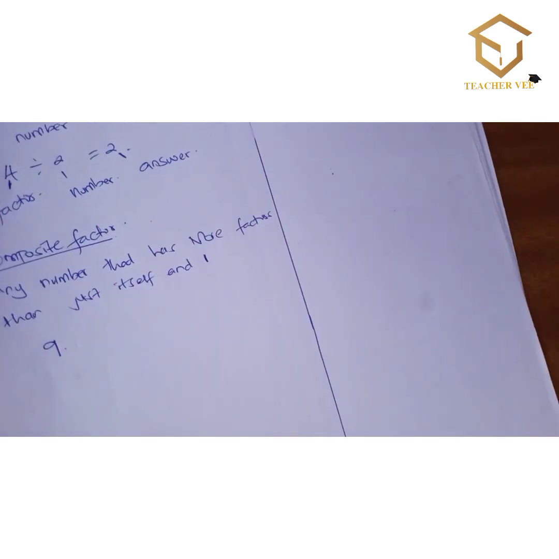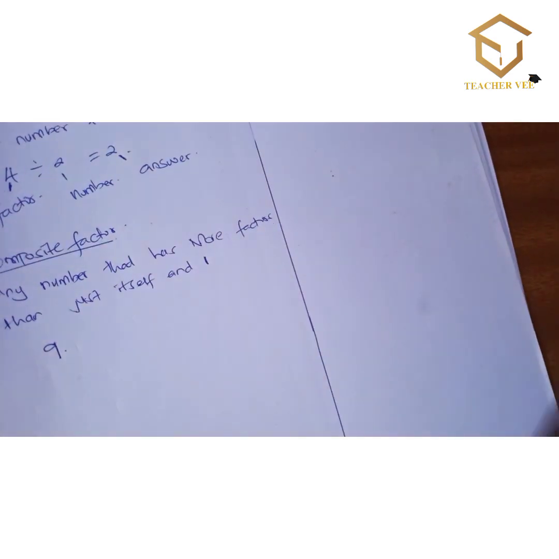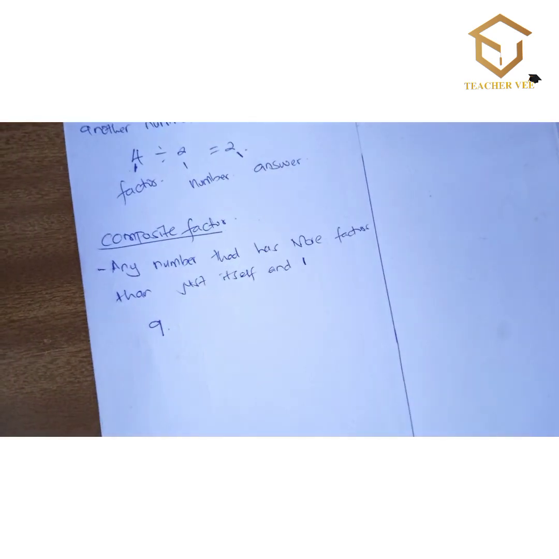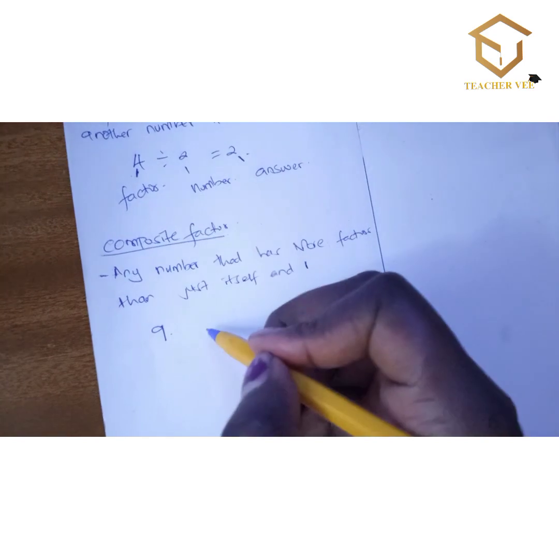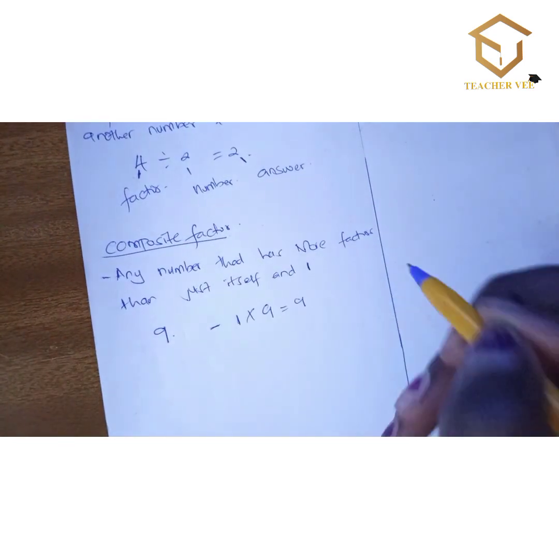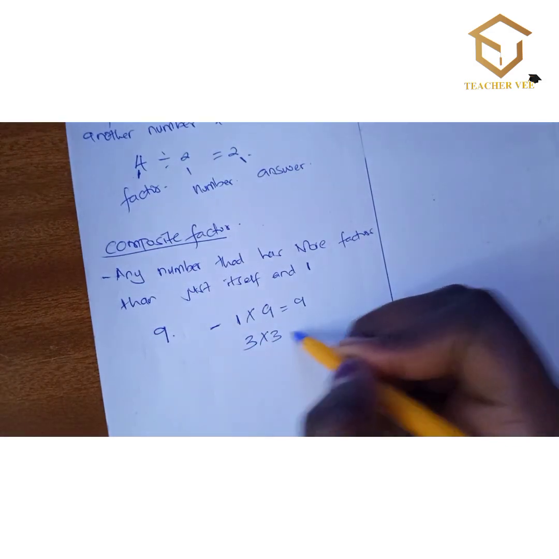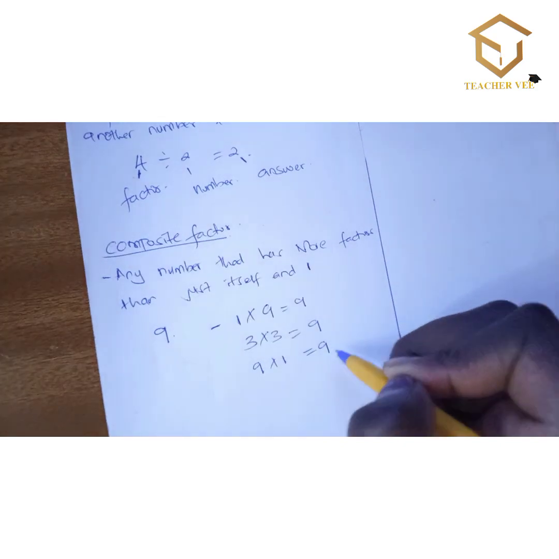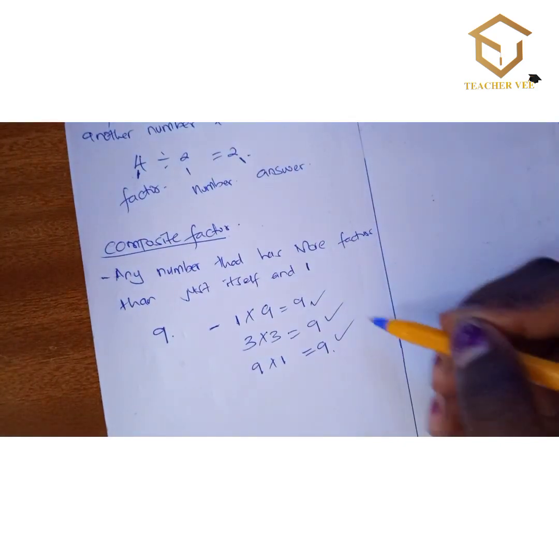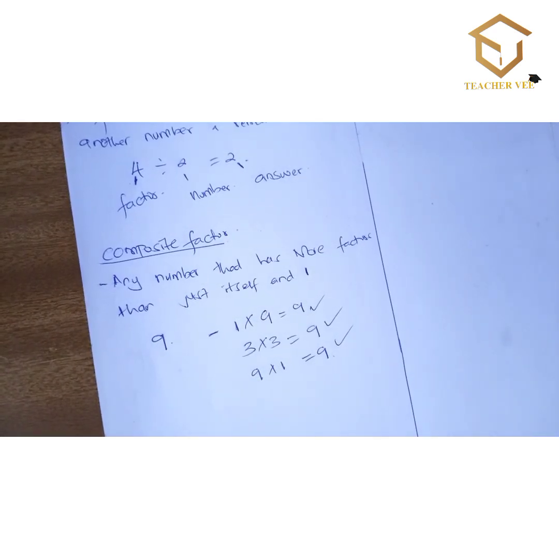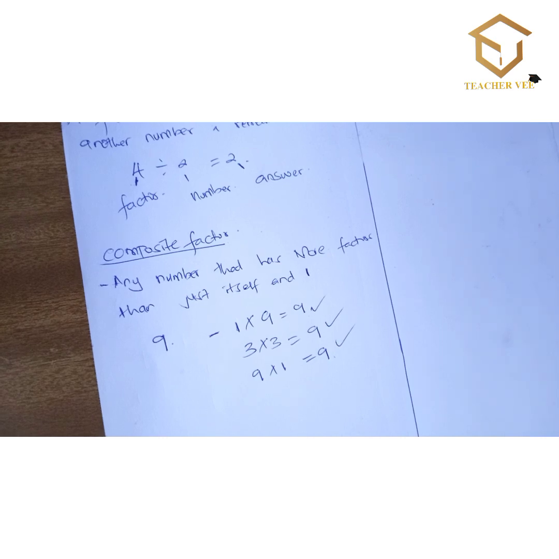It's a natural number and an odd number, but it is a composite number. When you multiply 1 by 9, you get 9. When you multiply 3 by 3, you get 9. And 9 by 1, you get 9. So these solutions make 9 a composite. Hence, it has more than two factors.